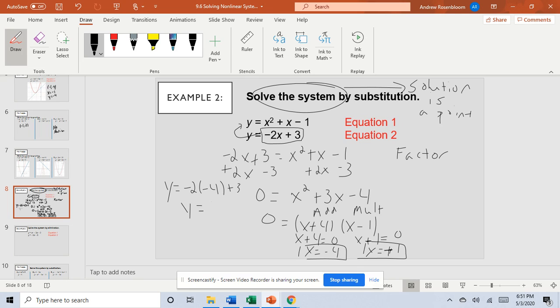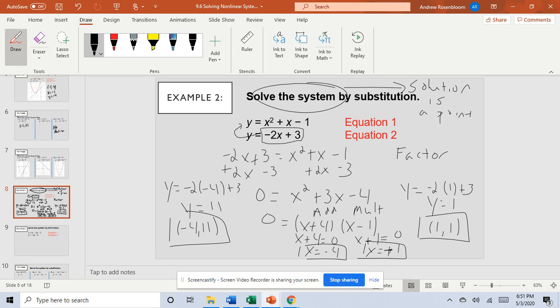So y is going to be equal to 11. So I'll have a point at -4, comma 11. Then I'm going to plug in +1. y is equal to -2 times +1 plus 3. So y is equal to +1. So I'll have another solution at 1, comma 1. And those would be my two solutions.